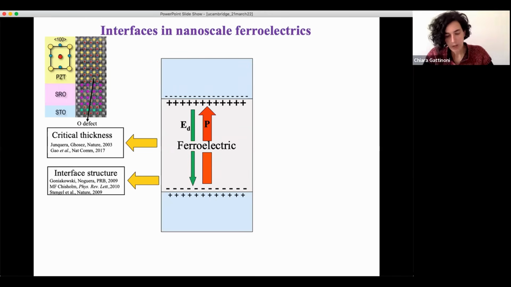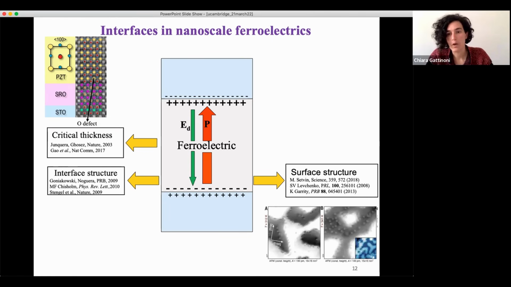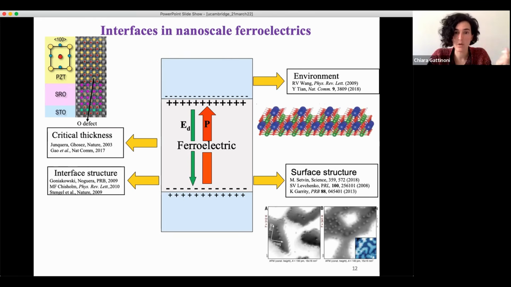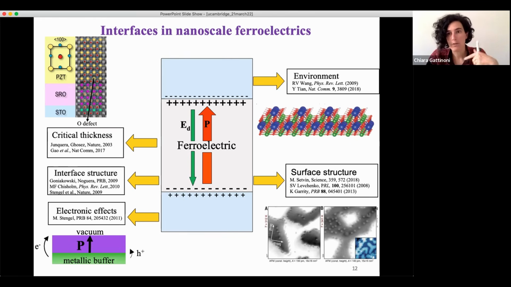So people have been looking at how to deal with this, whether through the interface structure, by the bonding at the interface, or on the surface structure, whether with defects or adsorbates, or through electronic effects like excitation of electrons and holes.